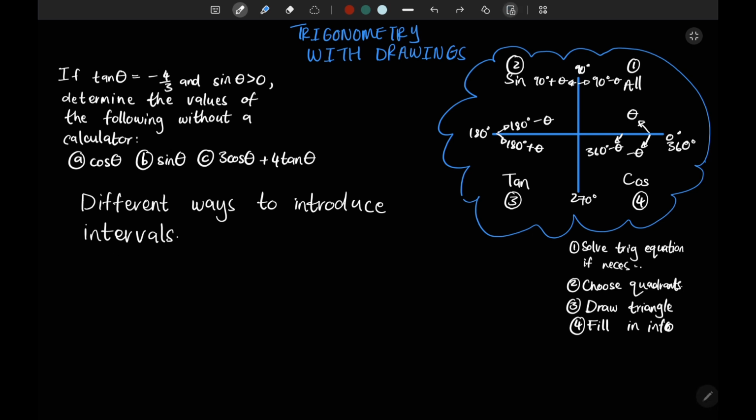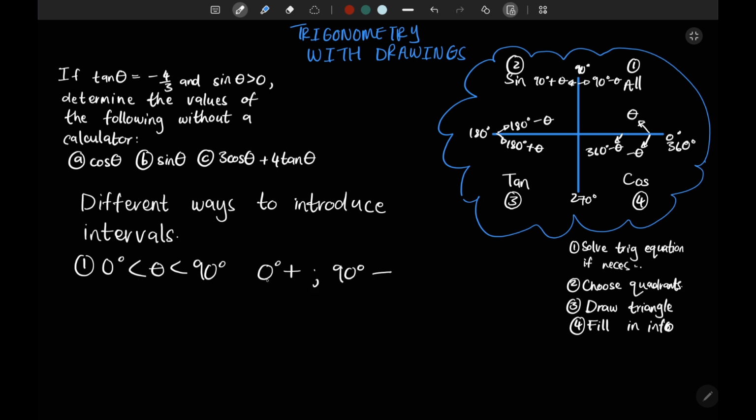The first one might look like, let's say, 0 degrees is smaller than theta, and you might have 90 degrees. What this means is that theta is between 0 degrees and 90 degrees. To see this on a case diagram, you'll just say 0 degrees plus and 90 degrees minus.